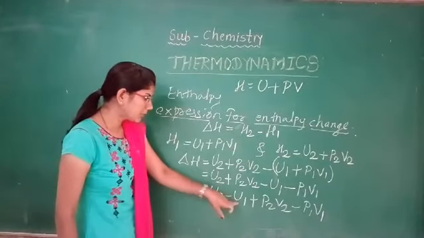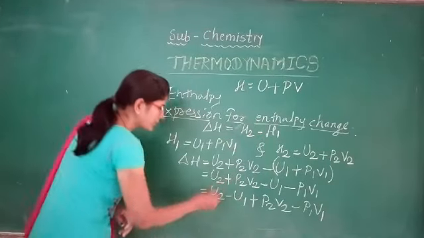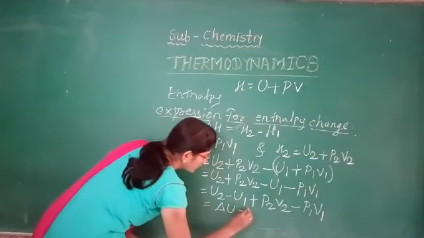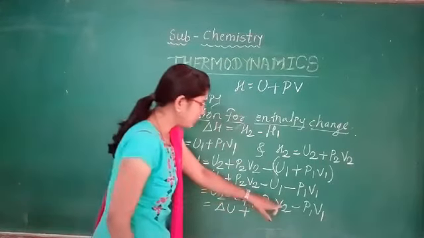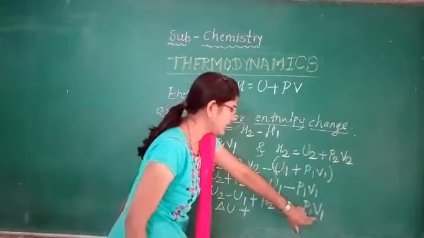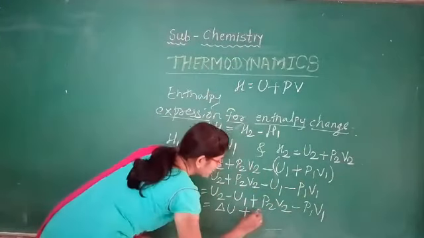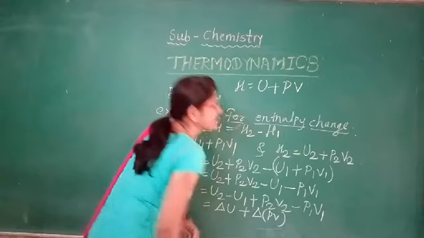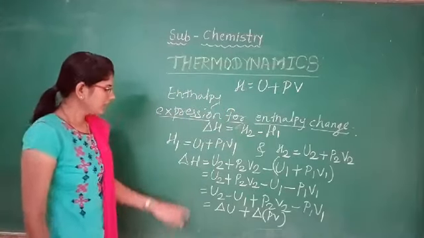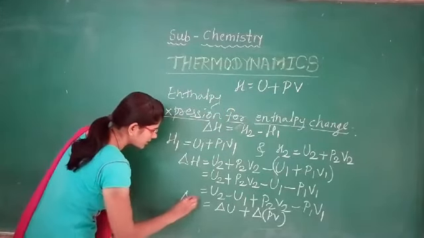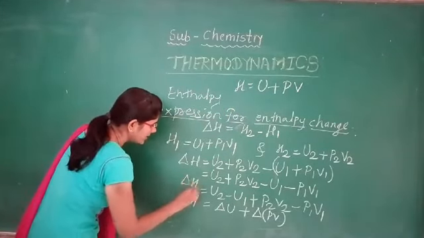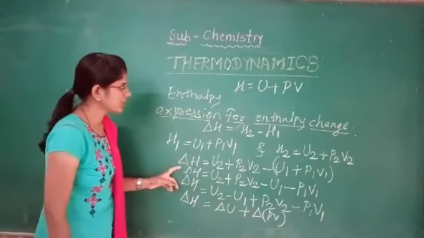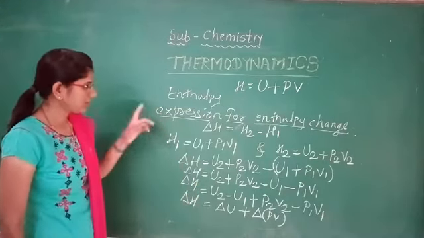So U2 minus U1 is equal to delta U, plus P2 V2 minus P1 V1 is equal to delta of PV, with PV in the bracket. So this is the change in enthalpy expression, the enthalpy change expression.